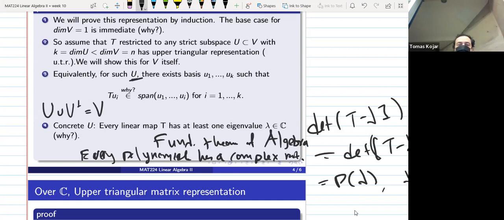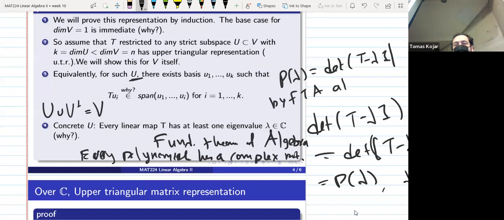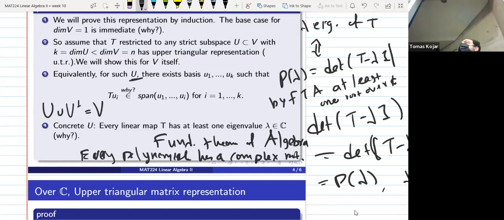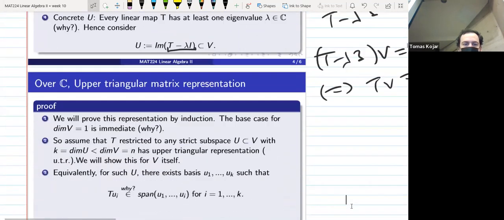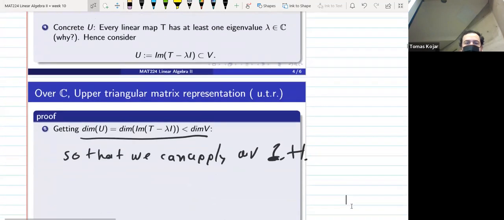This is because the characteristic polynomial is a polynomial, and by the FTA, it has at least one root over C. And we said that roots of the characteristic polynomial are eigenvalues of T. So every map has an eigenvalue, call it lambda.